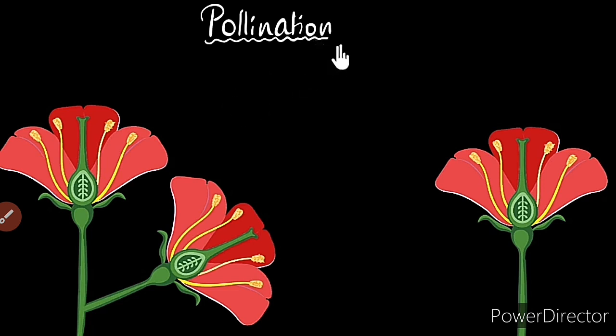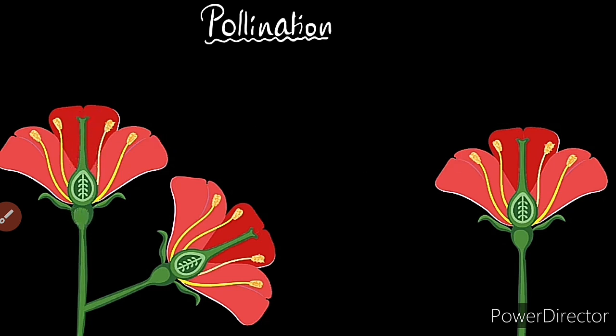Pollination is the transfer of pollen grains from the anther. These are the anther, the top part of the male organ, to the stigma. This is the stigma, the top part of the female organ.